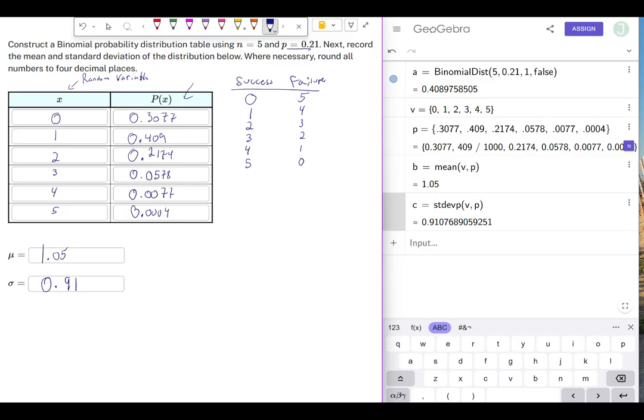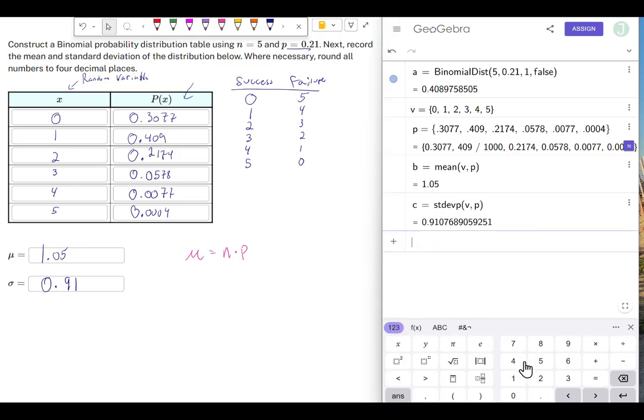Now, if you are familiar with statistics, you know that there is also a formula that we could use. The formula is n times p. So in this case, n is 5 and p is 0.21. We also could have found the mean by just doing 5 times 0.21.